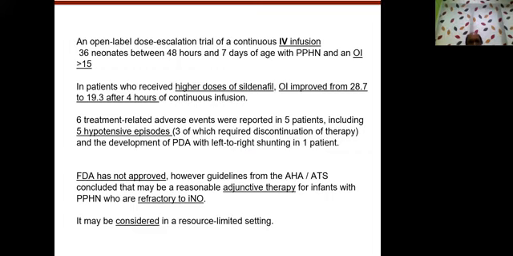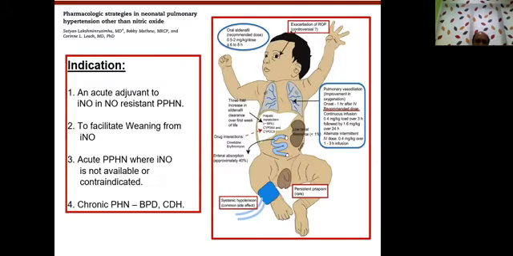Though the FDA doesn't approve, the American Heart Association and the Thoracic Society do recommend it as an adjuvant therapy in babies who are refractory to iNO therapy. So it may be considered in a resource limited setting. And I think most of our Indian units do use sildenafil, and IV sildenafil is easily available.